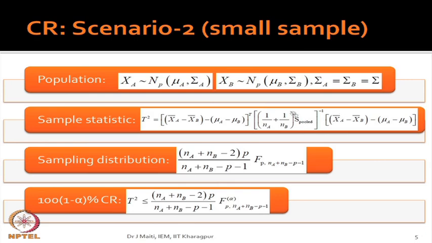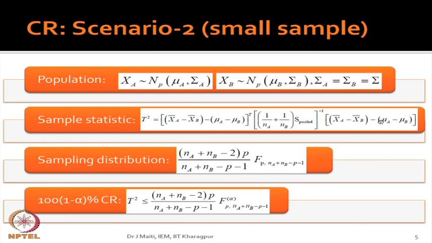Earlier we also derived in the univariate case that the quantity 1 by N 1 plus 1 by N 2 will be there. This is the covariance part. You have to take the inverse of this covariance, then square the random variable X A bar minus X B bar.